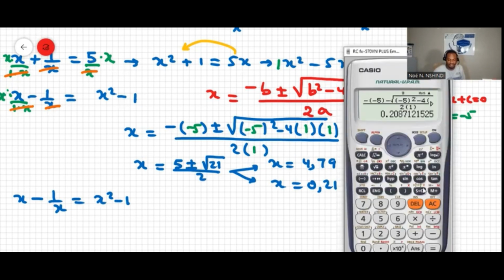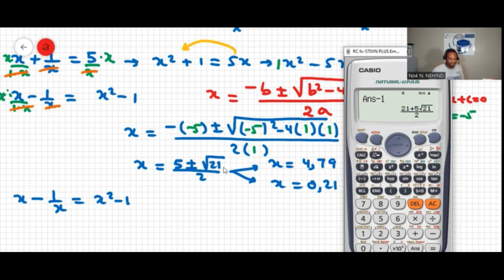Taking the positive answer and raising it to the power of 2, that makes 22.96, minus 1.